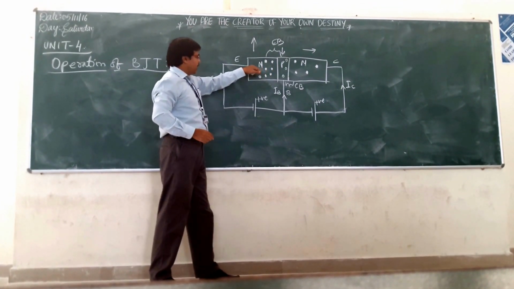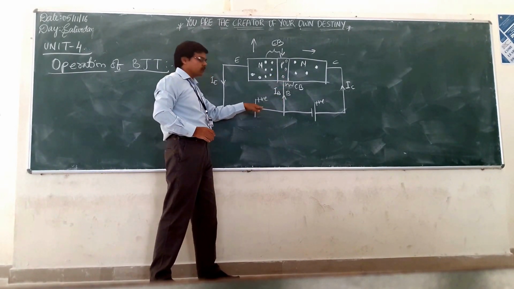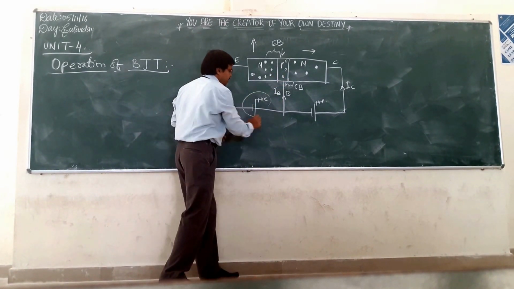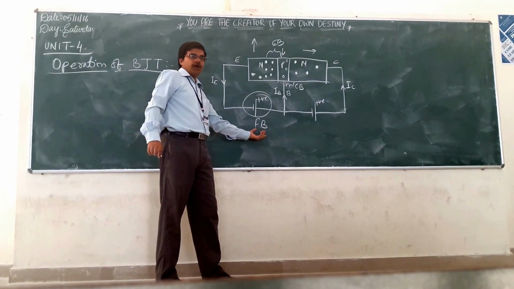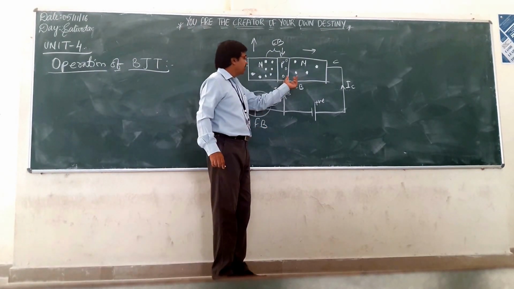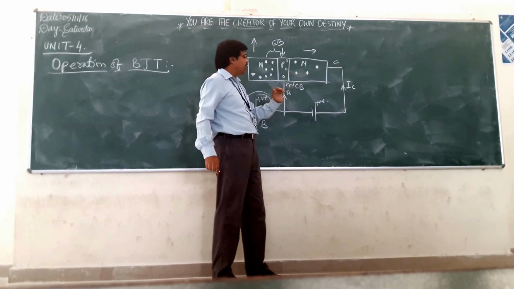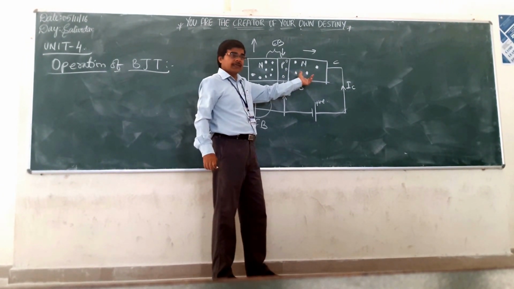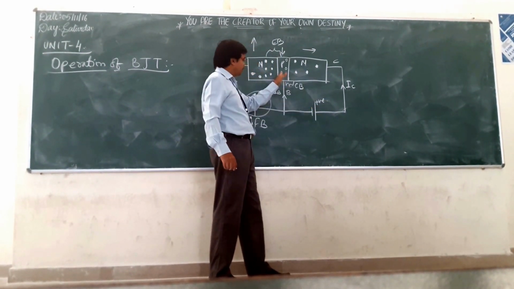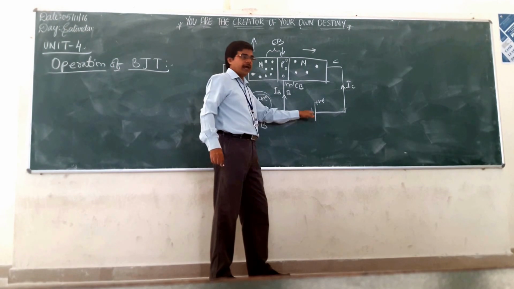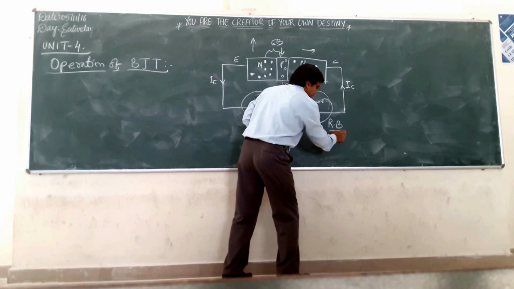By keeping the N-type material to the negative of the battery and P-type material to the positive of the battery, we are making this forward bias. And for base and collector, we are making it reverse bias. Means N-type material we are connecting to positive of the battery, and P-type material to the negative of the battery. Because of that, this will be reverse bias.